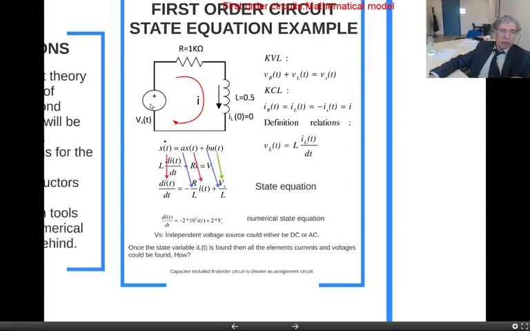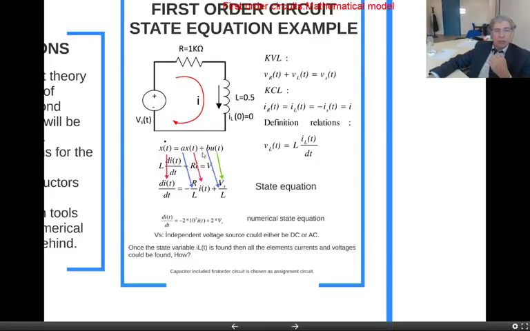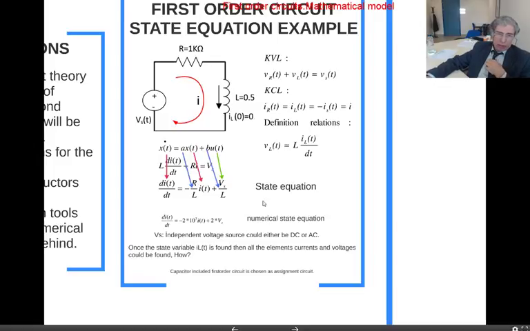So I found the independent voltage source current as well. That means I have found all the elements' currents and voltages. This is what we already said, and we have done it on this example now.